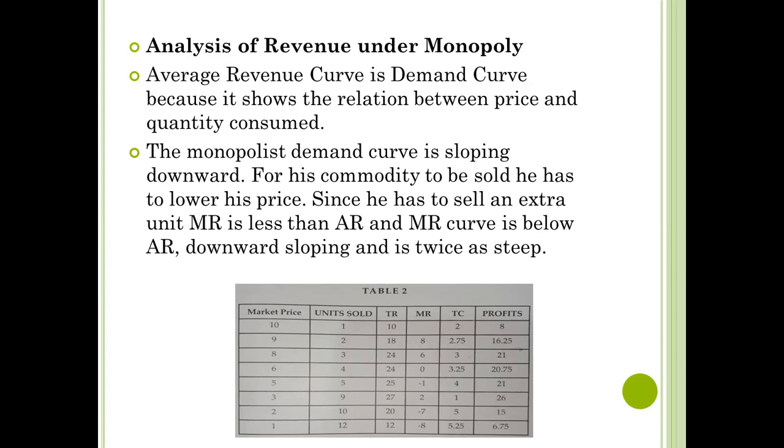As the units sold are increasing, we can see there's an increase in units sold and our TR is also increasing, but our MR is decreasing. You can see here in our second column, units sold is increasing, our total revenue is increasing, but our MR is decreasing. As we increase our output, you also increase total cost.